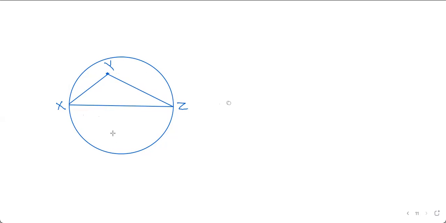Before you say anything about the angle XYZ, I'm going to draw another angle. You tell me what will be the measure of that angle. If I draw this angle, beta, the angle in red, what is the measure of this angle? If you want, I can put a name there.